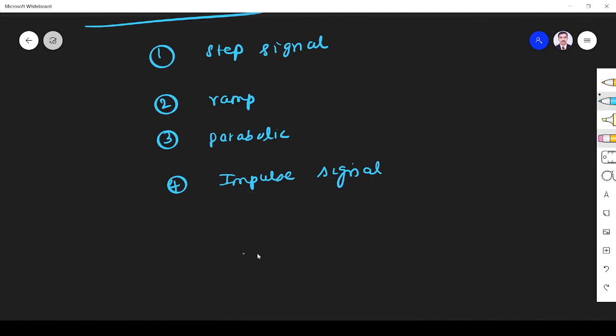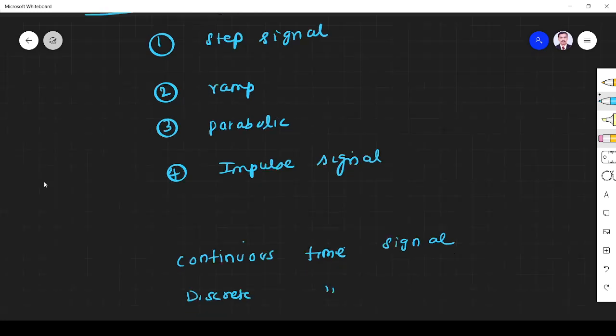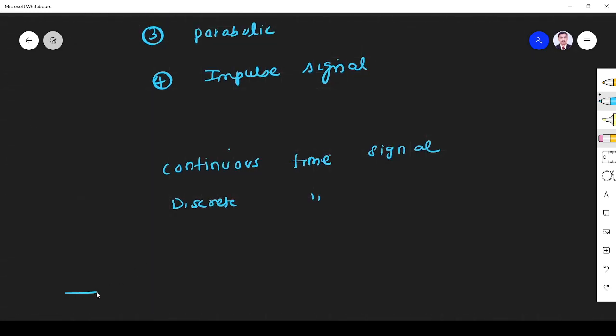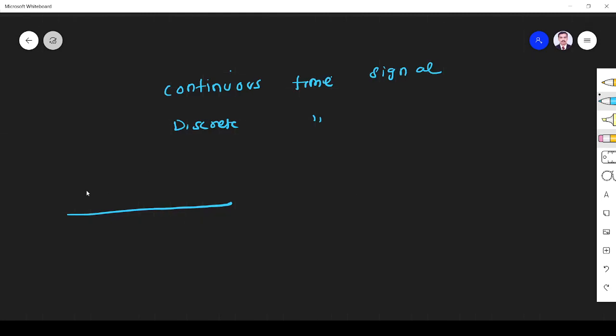Next, we broadly classify signals into two types. One is the continuous time signal, and the second one is the discrete time signal. As the name itself tells, a continuous time signal has time as continuous.